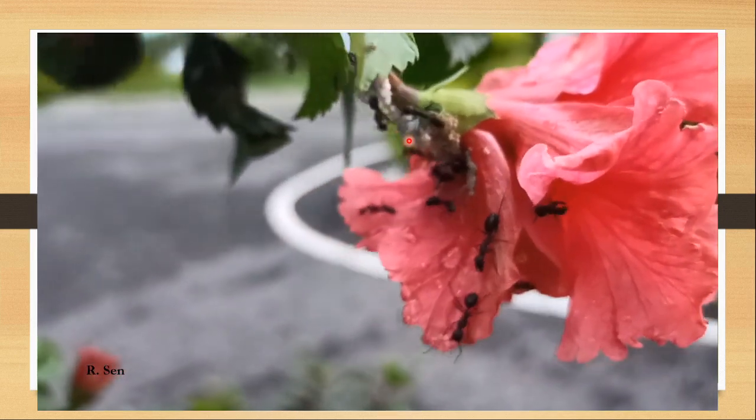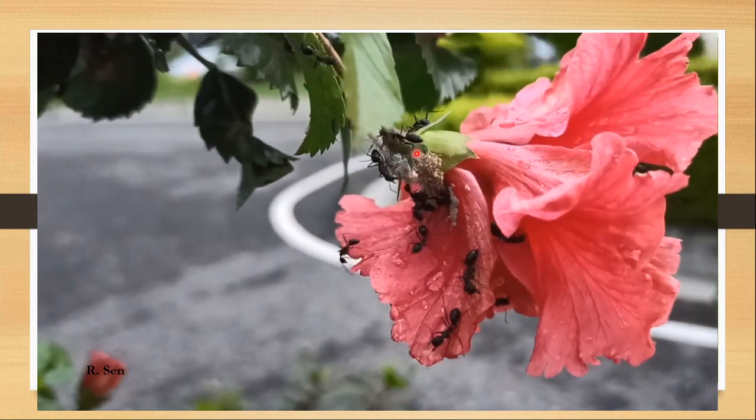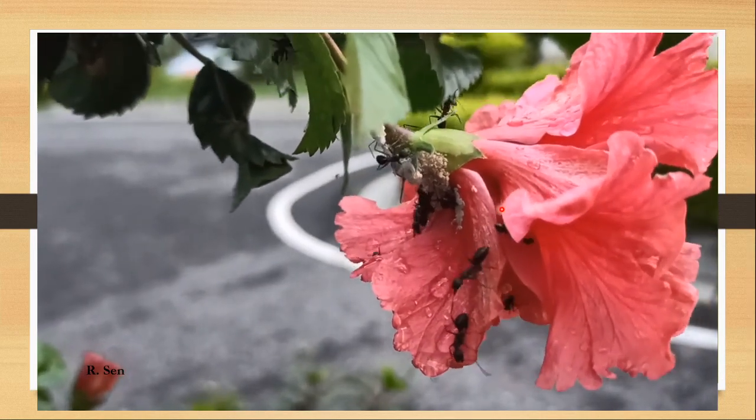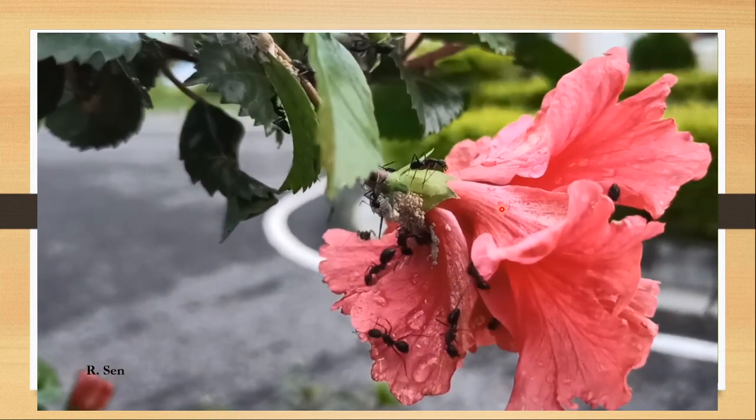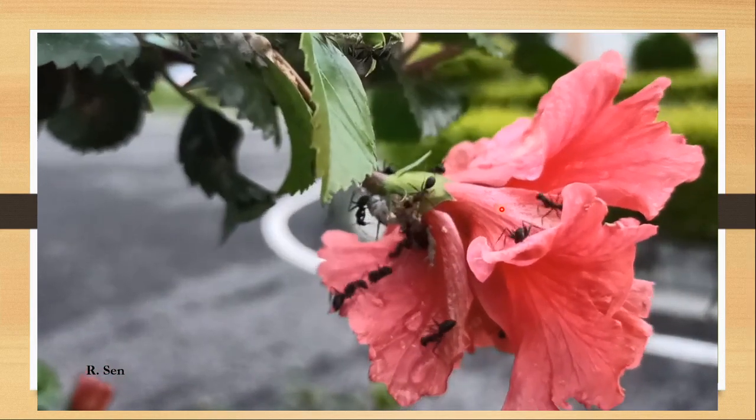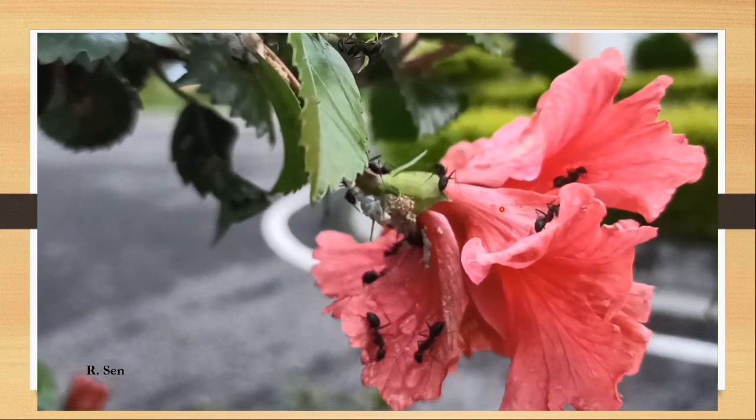These are the females and these winged individuals are the males. And these ants are again tending them so that they can get the honeydew out of them, and they offer them protection. Not just that, this is a problem for the gardeners and the farmers.